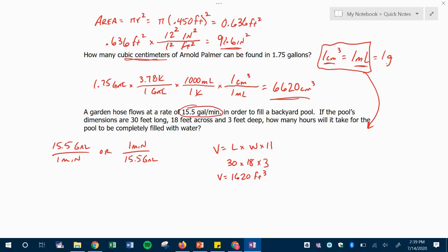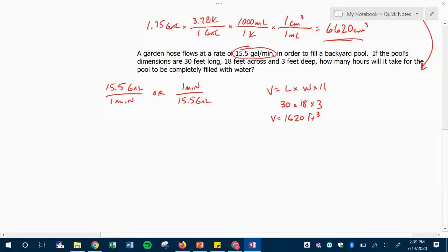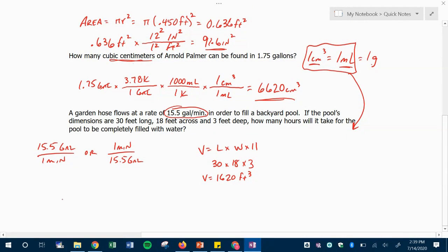And so that means we're going to start off with our 1,620 cubic feet. And in order to get it into a volume, we need to get into centimeters first, or cubic centimeters. So we should have the goal of trying to get from feet to inches first. And we know that there are 12 inches in every 1 foot. And then remember, since it's feet cubed, we cube it all.